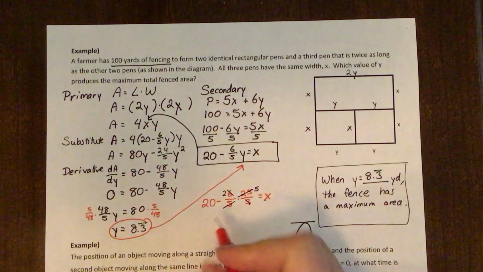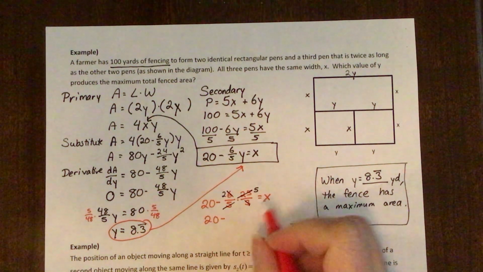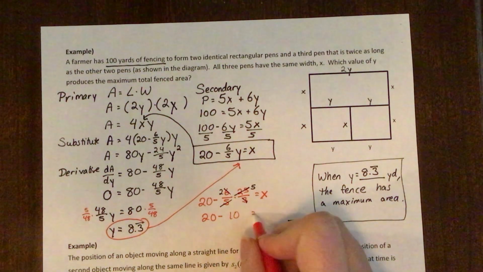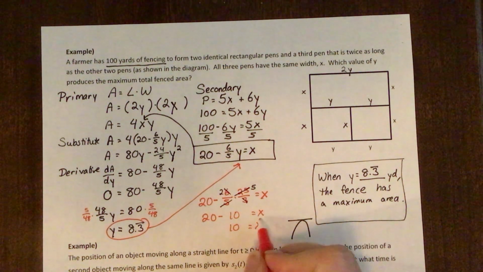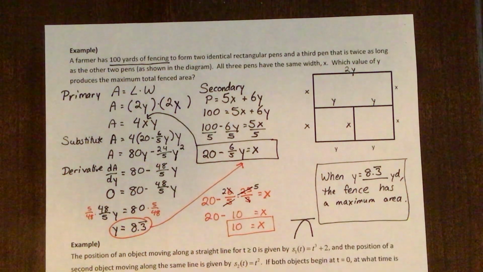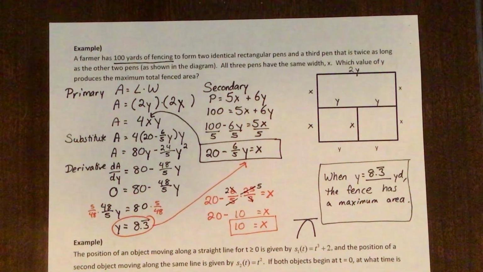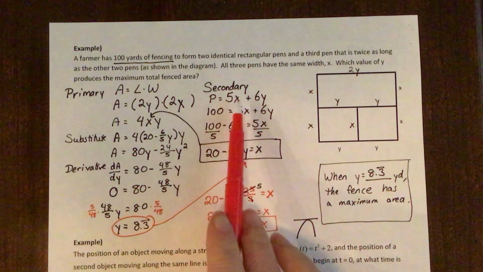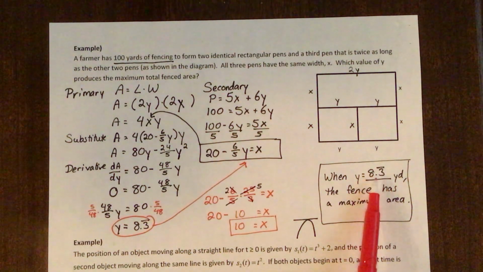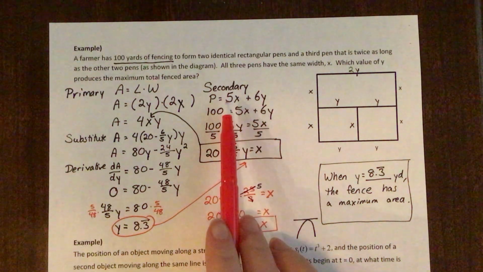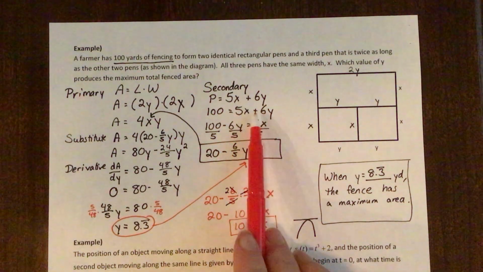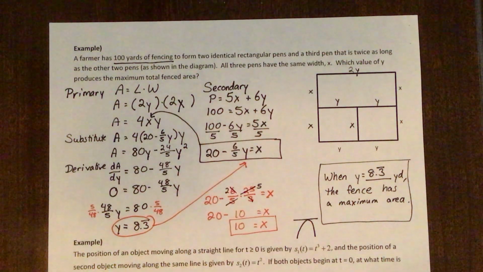So this reduces to 20 minus 2 times 5, which is 10, equals x, which means x is 10 yards. Now what you could do if you really felt like it is plug in the 10 for x back in here, and the 8.3 repeating or 25/3 for y, and then multiplying all of that together will get you 100.